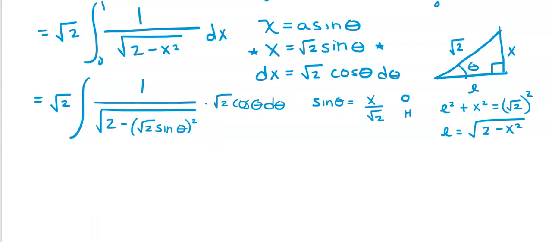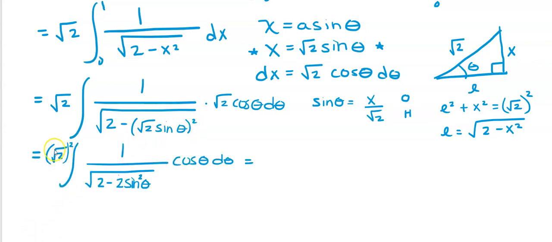Okay, now we're going to clean this up. The first thing I'm going to do is move this square root that is with the cosine out in front. I'm also going to square the inside of this denominator. So the square root of 2 squared is 2 and sine squared is sine squared.